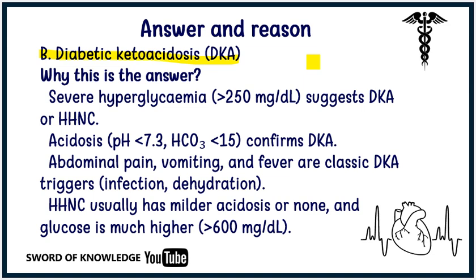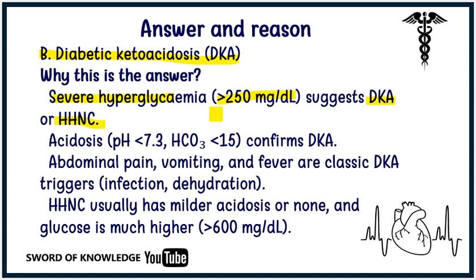Why is this the answer? Because first of all, this patient is presenting with severe hyperglycemia. Anytime the glucose level goes up to more than 250 mg per deciliter, we call it severe hyperglycemia with symptoms, and this suggests two diagnoses. One is DKA, another is HHNC.